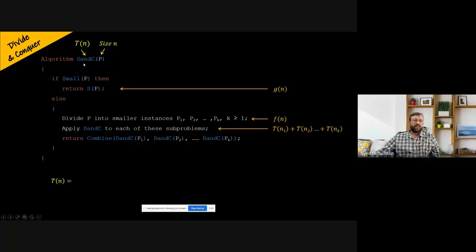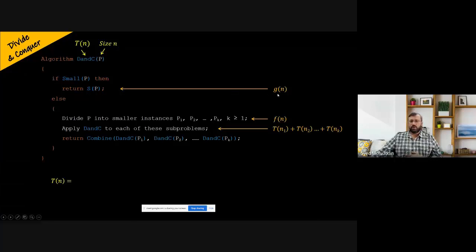So the time taken by the entire divide and conquer algorithm is T(n), which equals the sum of g(n), f(n), T(n1), T(n2) up to T(nk). But the f(n) and the summation part apply if the problem is large, and the returned solution applies if the problem is small.